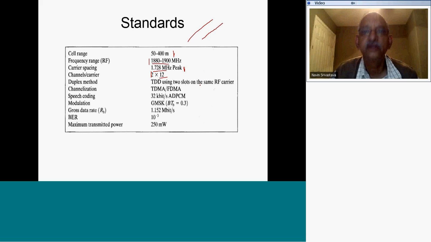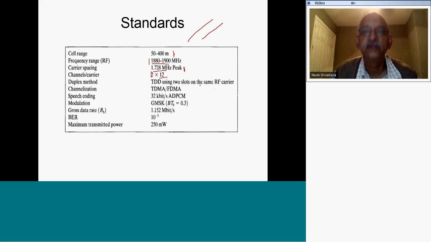The maximum transmitted power is 250 milliwatts. So this is the standard, and based on these standards, we see the design aspects of our syllabus. That means we will take this as a standard and then proceed like that.